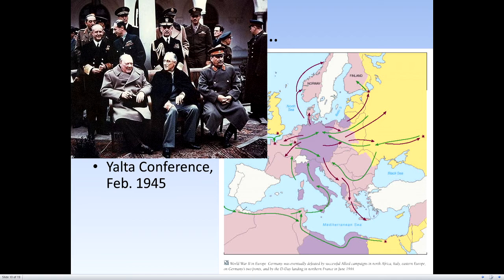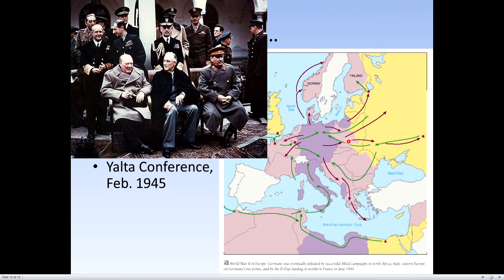So he wanted all these countries over here in the eastern part of Europe to be communist countries. And he wanted that so that these countries would no longer be countries that Germany, who twice in the last three decades has attacked Russia, can do it again. Now, FDR doesn't want to say we're going to make them communists, but he also doesn't want to say not to because he doesn't want to offend Stalin.